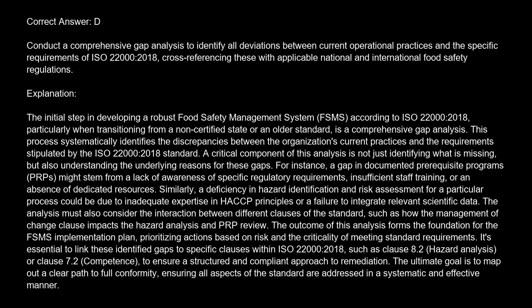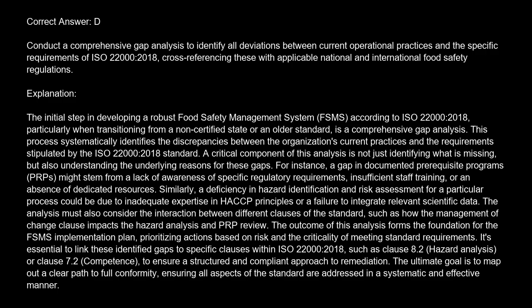Explanation: the initial step in developing a robust food safety management system, FSMS, according to ISO 22000-2018, particularly when transitioning from a non-certified state or an older standard, is a comprehensive gap analysis. This process systematically identifies the discrepancies between the organization's current practices and the requirements stipulated by the ISO 22000-2018 standard.